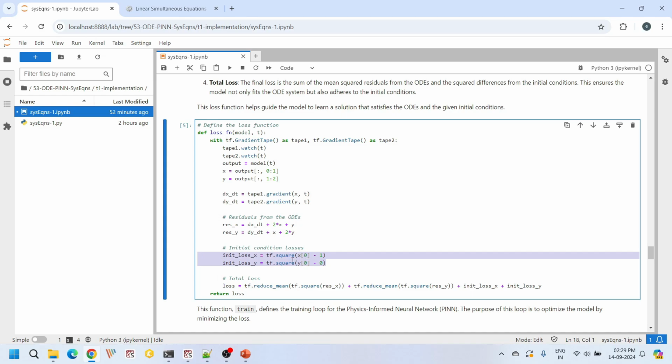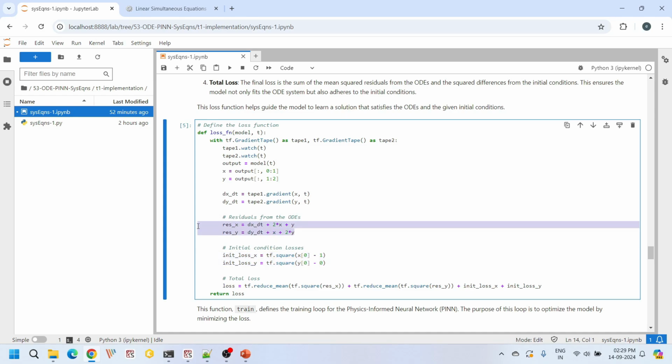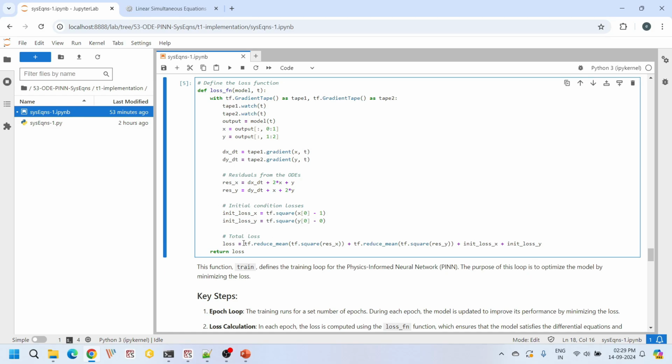These are always the same because initial conditions always exist at time t equals 0. Only the residuals from the ODEs change with respect to time. After that, I'm evaluating the mean square error, and I'm taking the total loss, meaning the summation of all these losses, into this one term called loss.